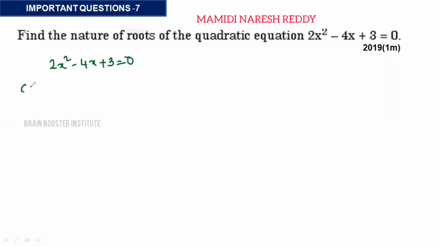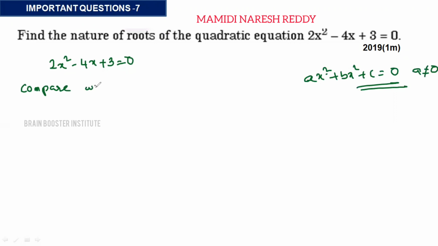Before finding it, compare this quadratic equation with the general form of a quadratic equation, which is ax square plus bx plus c is equal to 0, where a is not equal to 0. This is the condition.